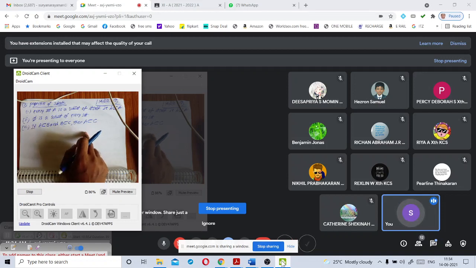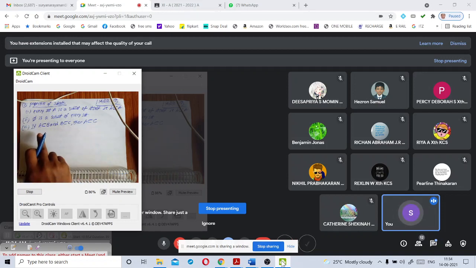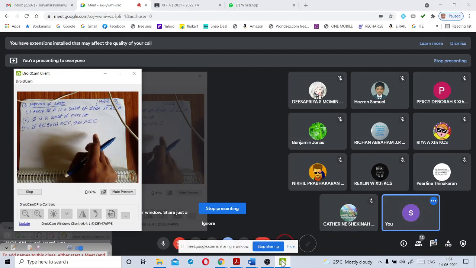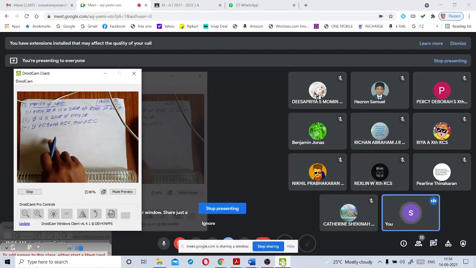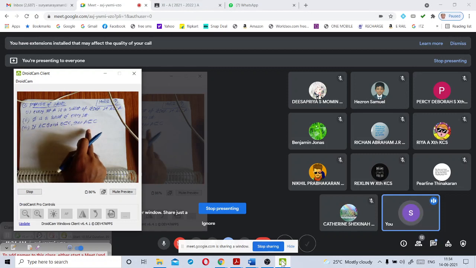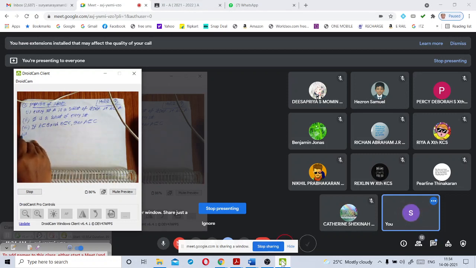In the number system you have studied, 10 is less than 20, 20 is less than 30. Then we say that 10 is less than 30 or not? Yes or no? We use the same concept here also. If A is a subset of B and B is a subset of C, then we can say that A is a subset of C. Okay, my children.